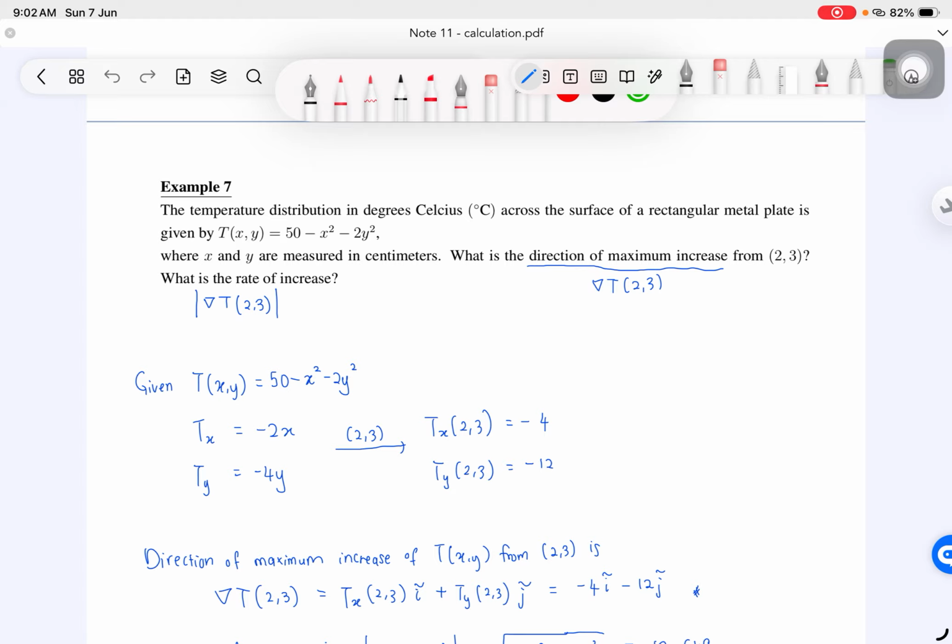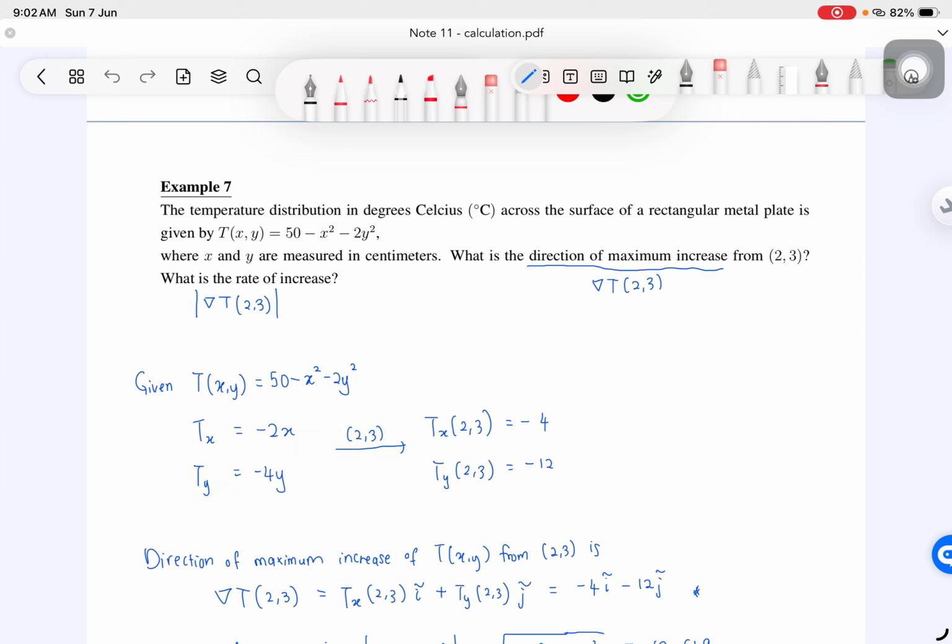Given the function T, to find the direction, first thing first, you need to differentiate with respect to x first, and then differentiate with respect to y, and then substitute the point given. So you get -4 and -12.